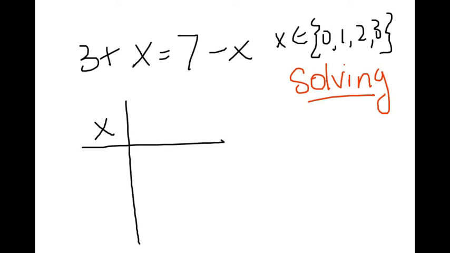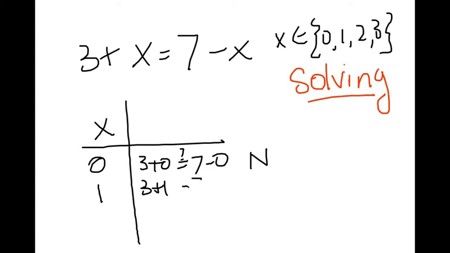So when x is 0, I get 3 plus 0, and does that equal 7 minus 0? No. What about when x is 1? Does 3 plus 1 equal 7 minus 1? Well, that's 4, and this is 6, so no. How about 2? 3 plus 2, does that equal 7 minus 2?